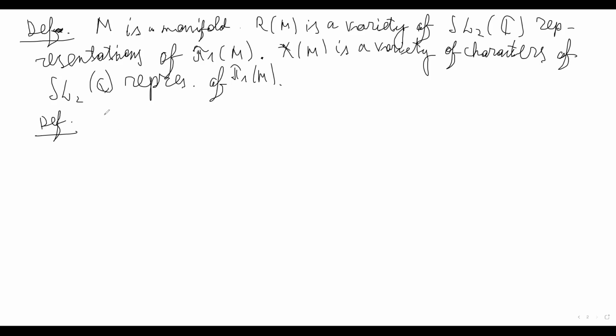Where do we act when we are in SL2C? We act on C squared, but not arbitrarily. Arbitrary would be GL2C, but we act only by matrices with determinant 1, so we preserve the volume.